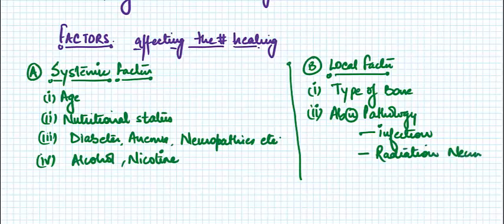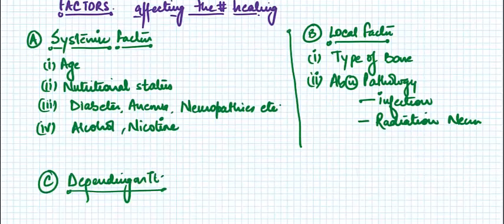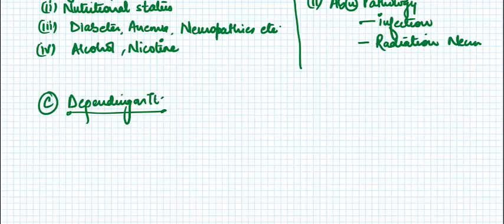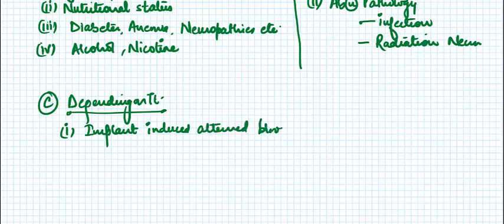Third factor can be depending on the treatment. For example, if you are putting in some implant and you have not corrected it to the perfect position, the implant can induce a difficulty or altered blood flow that hampers the blood flow to the bone.